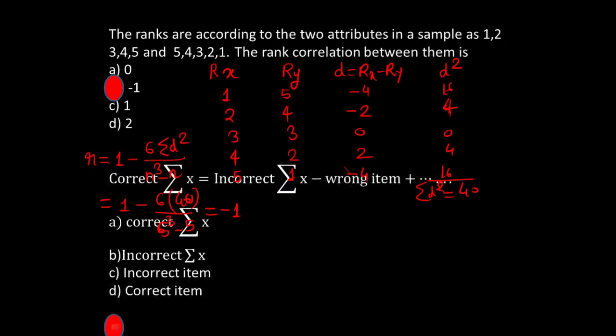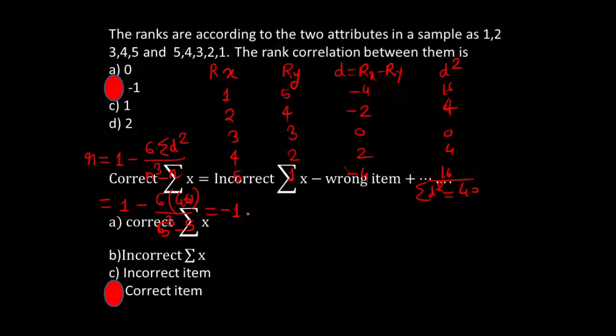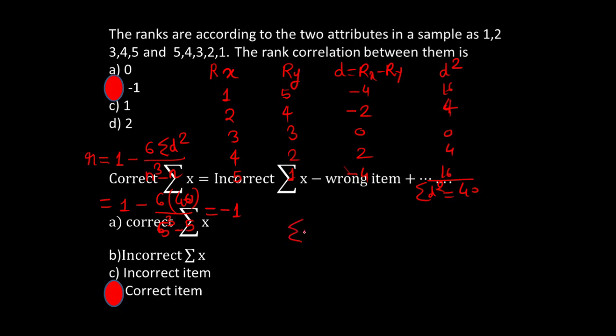Now the next one, a very important question. What is the correct summation of x? Correct sum of x is equal to incorrect sum minus wrong item plus how much? Various options are given. What does this exactly require? Say, for example, you find the sum, and while evaluating the sum some of the data is wrong.